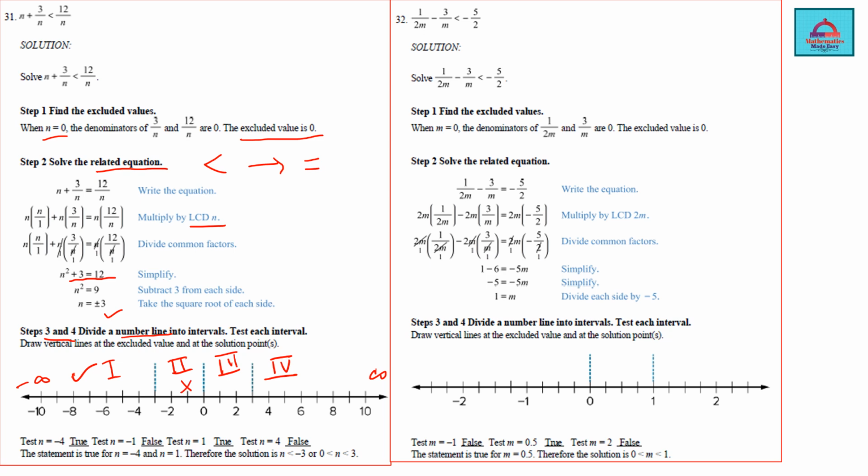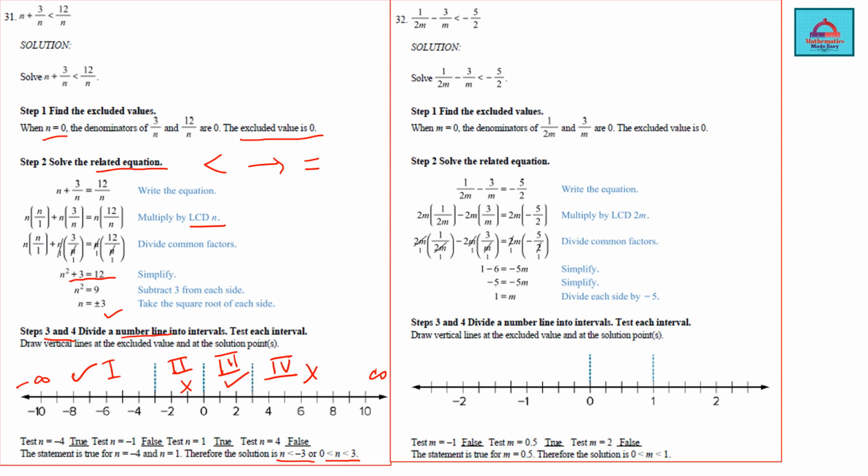For n equal to 1, it is true, and for n equal to 4, it is again false. So only solution set would be from minus infinity to minus 3, that is n less than minus 3, and 0 to 3, that is n lying between 0 to 3. So this is how you solve the inequality.